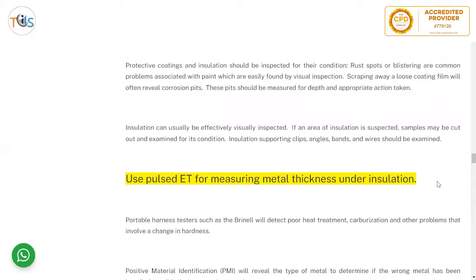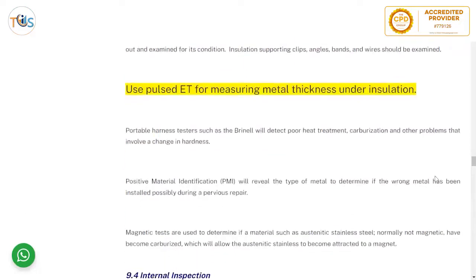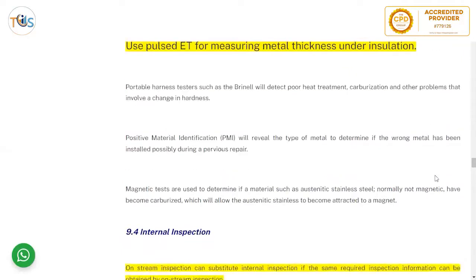If an area of insulation is suspected, cut samples, examine for the condition, and also look for supporting clips, angles, bands, and wires where they might be susceptible to corrosion. Again, UT, pulsed ET for measuring metal thickness under insulation. So if they ask you what is the NDE technique for measuring corrosion under insulation, it's ET, eddy current test.